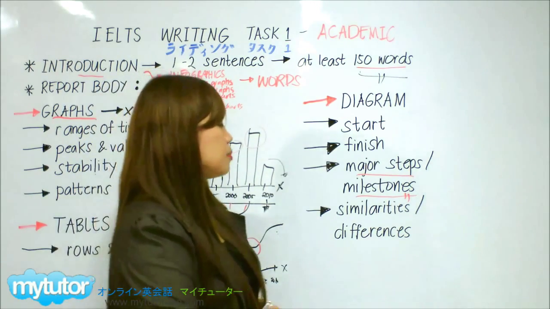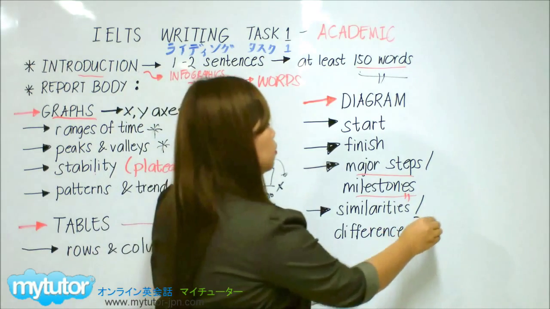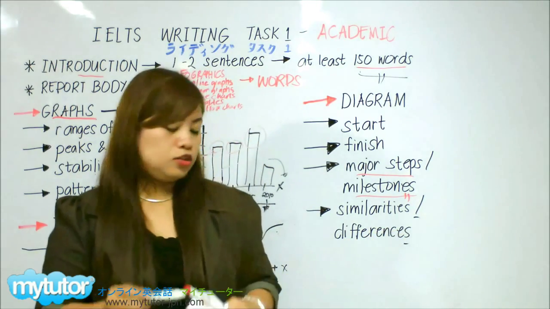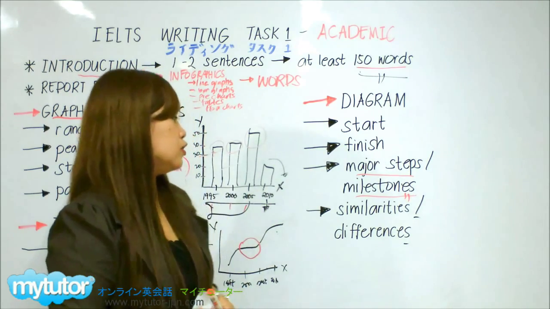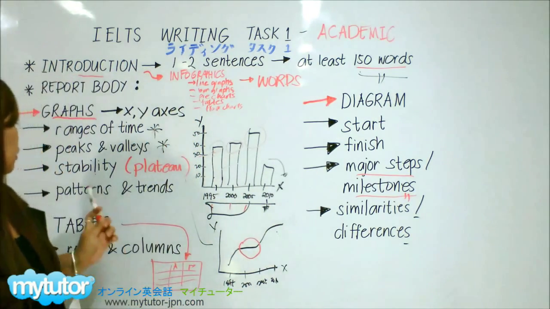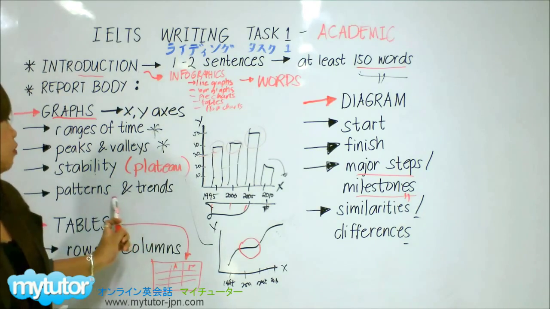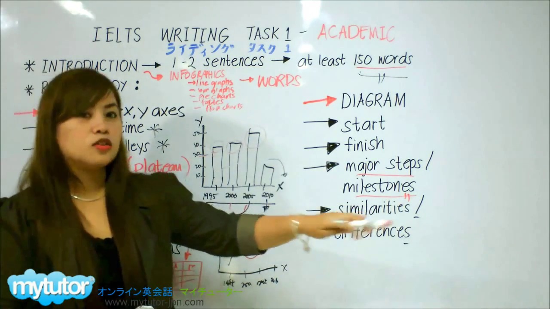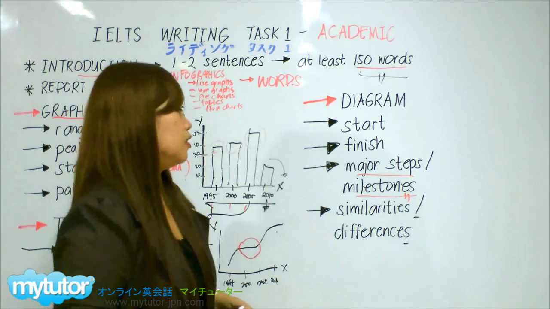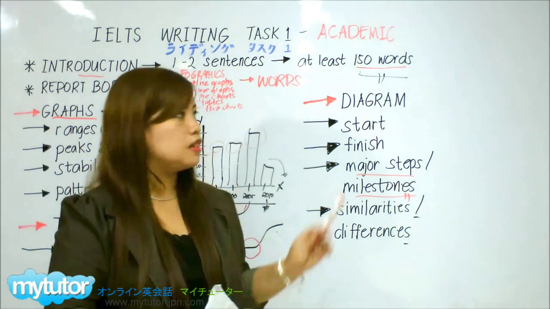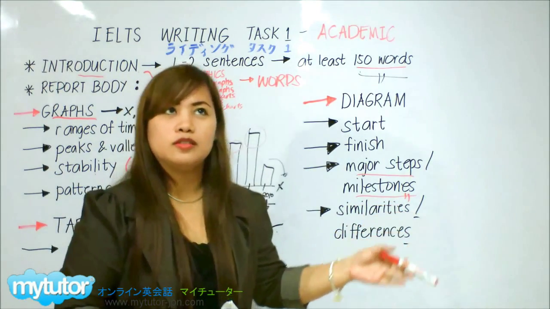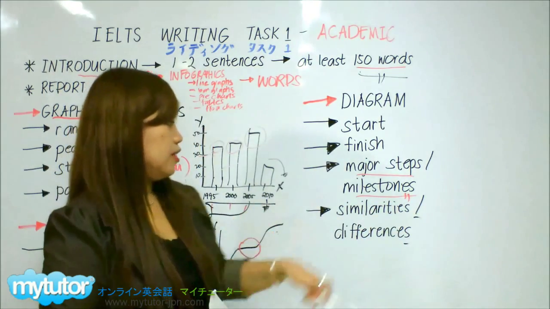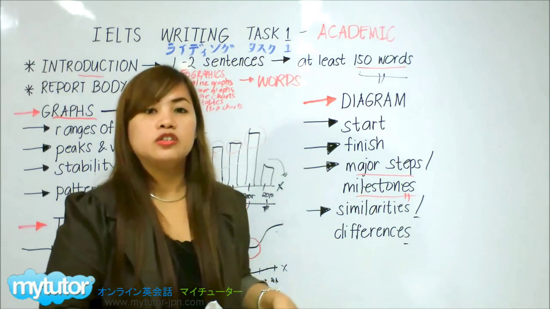Now we have similarities and differences. What are these? When we say similarities and differences, it is most likely similar to our patterns and trends. Okay? Similarities are the similar trends. You can see that specifically in, like, years 1995 to 2005, they have similar patterns.